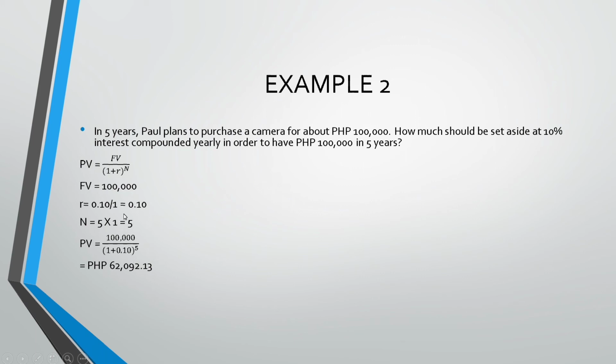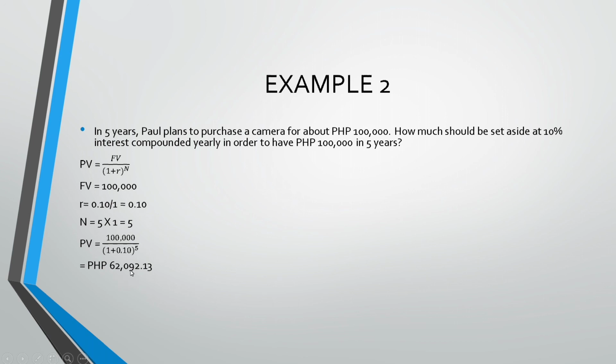So again, let's substitute these values into the formula, and we will have 100,000 divided by 1 plus 0.10 raised to 5. By simplifying this, we will have 62,092.13 pesos.